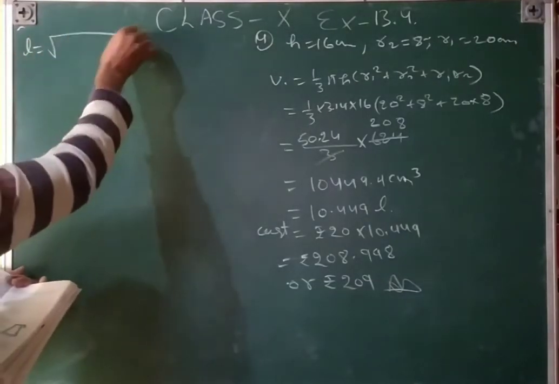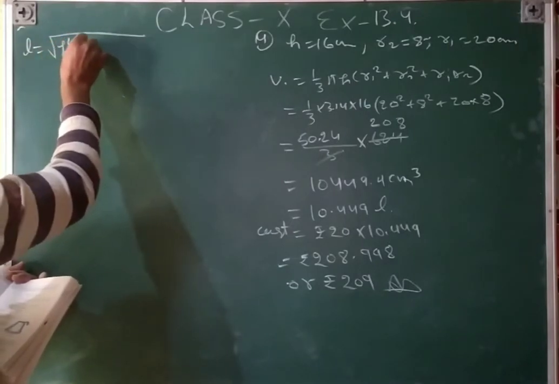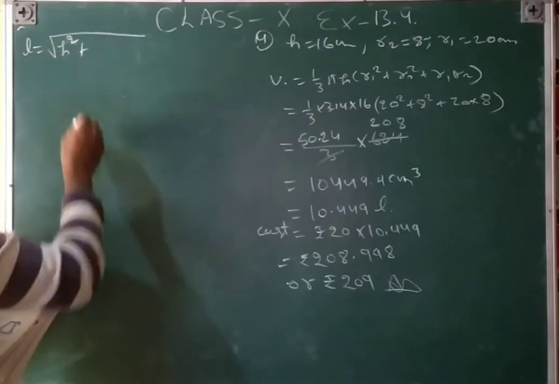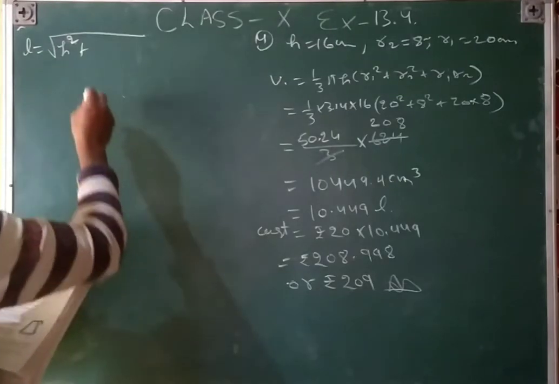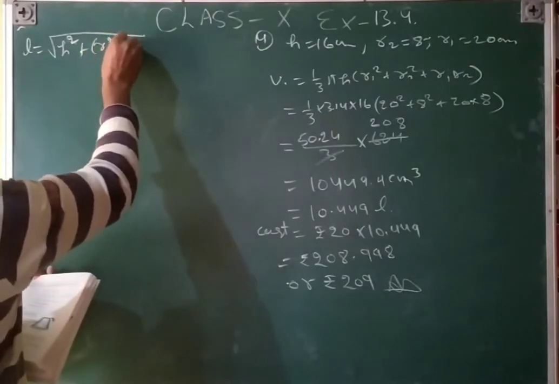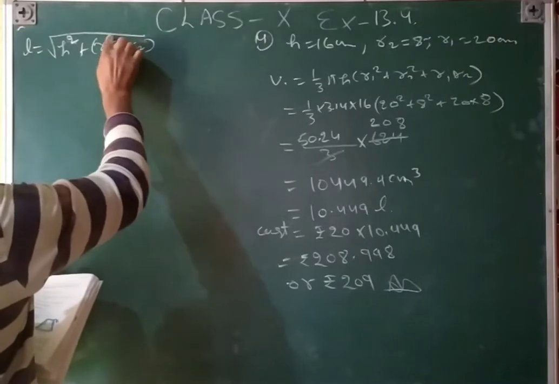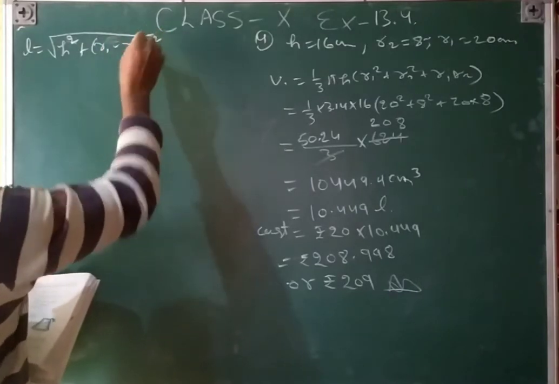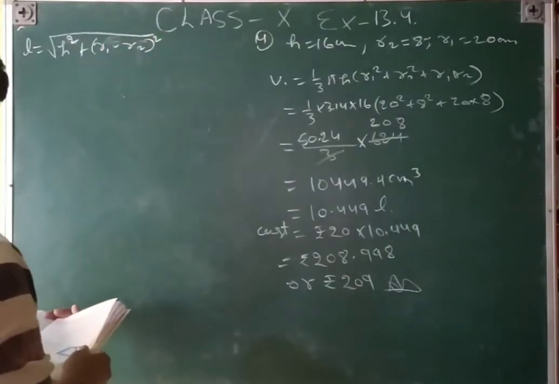L is equal to under root h square plus R1 minus R2 whole square.